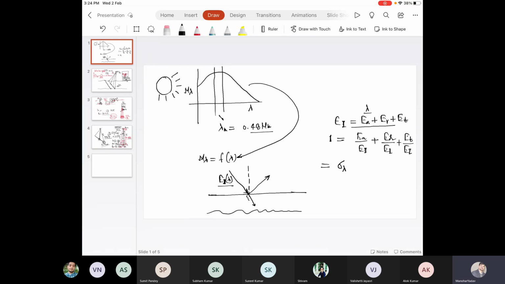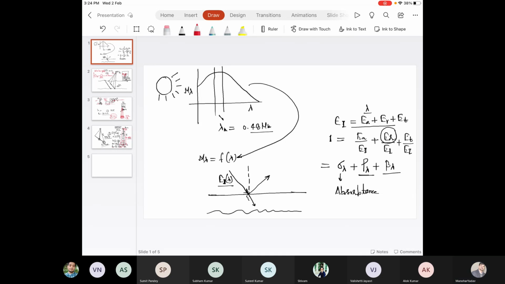So it's the absorbance, plus we have rho, the reflectance, plus we have the transmittance, for which you can use some variable beta. In case of laser scanning, we are only interested in this reflected component.